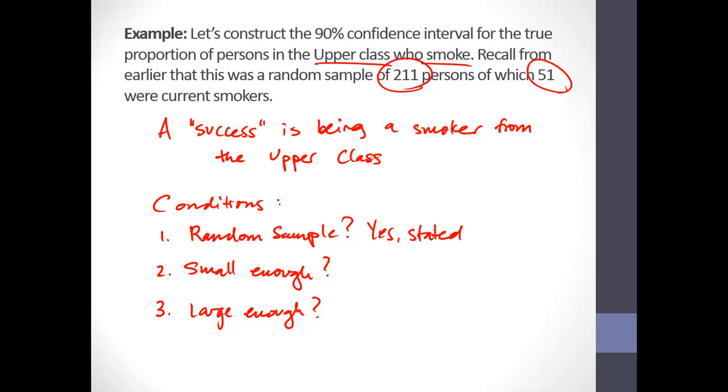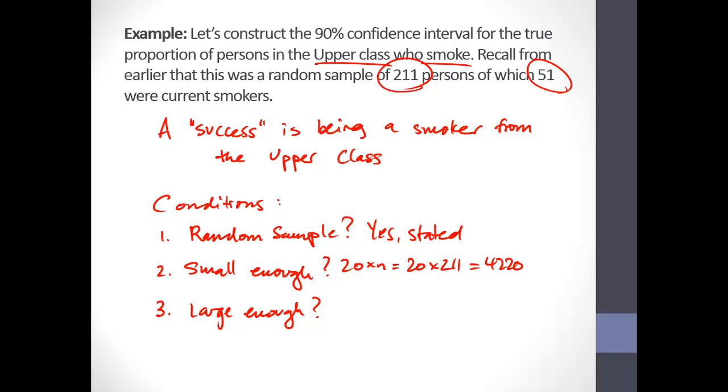Okay, good there. Small enough: we have 20 times our sample size, which is 20 times 211. We have 211 upper class folks in our sample, and that gives us 4220. What is our population of interest in this example?